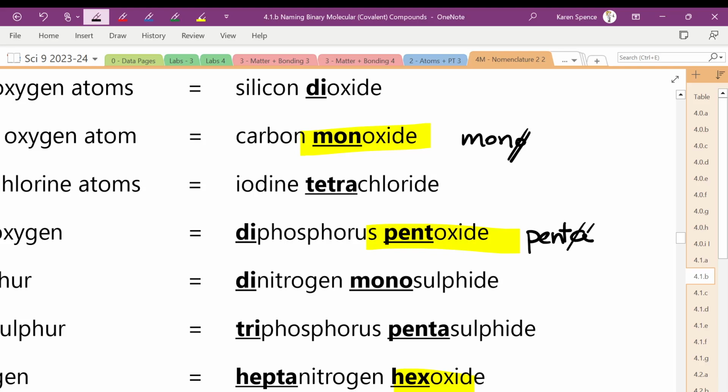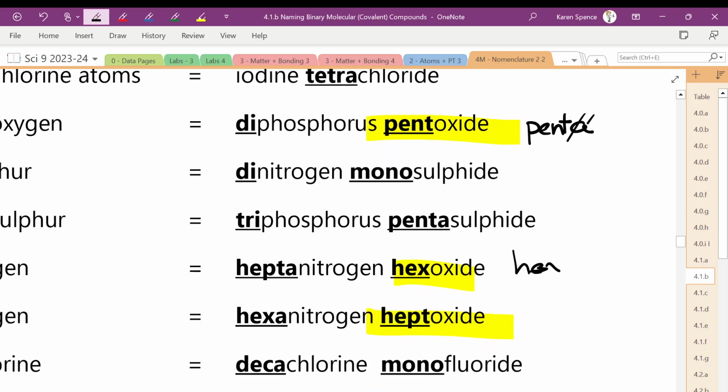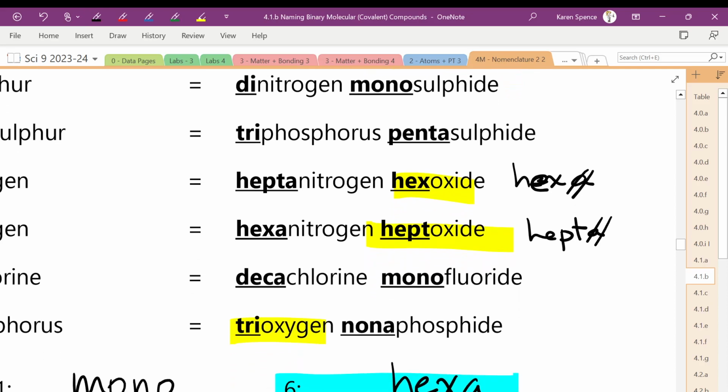Became pent. What did hexa become? Hex. What did hepta become? It became hept. What did tri become? It's the same. So if you have an O or an A in front of oxygen or oxide, you drop it. Okay?